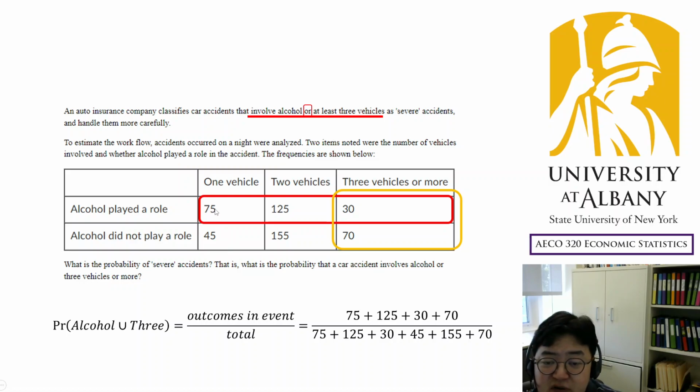The event severe accidents includes one, two, three, 4 types. So include that in the numerator. That is the probability. So as I said, again and again, your numbers may be different. So yeah, algebra is yours. It's not that difficult.